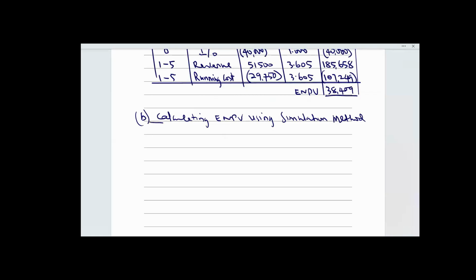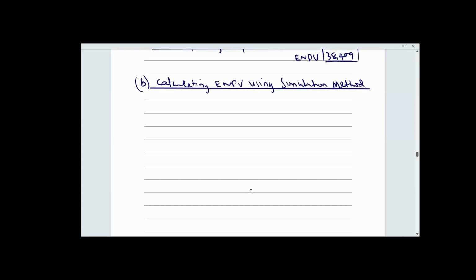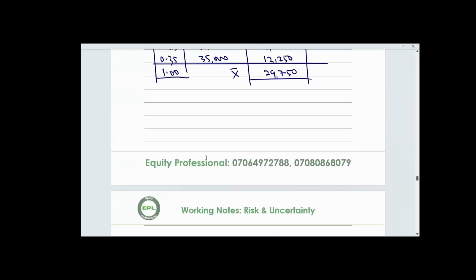So in this case, because you are using simulation, you are given 3 different sets. You are going to pair revenue with running costs for each set. It means that you are going to calculate 3 different NPVs. But before you can proceed with this, you need to determine your simulation. So let's calculate simulation for each receipt and payment.